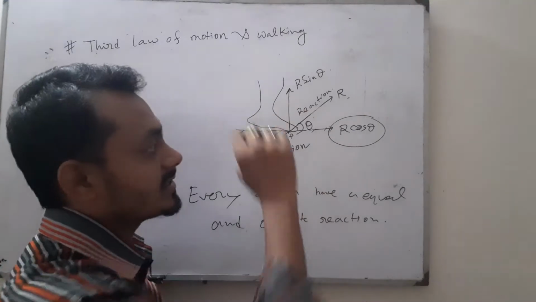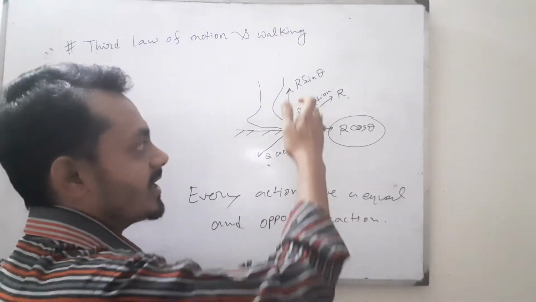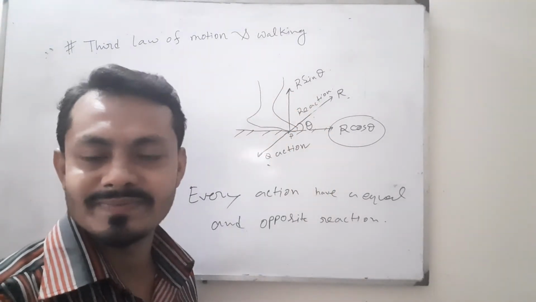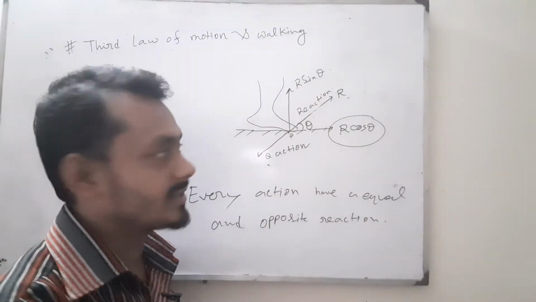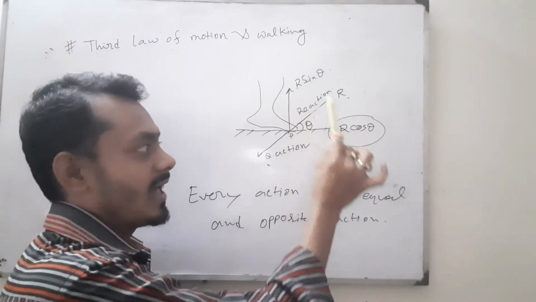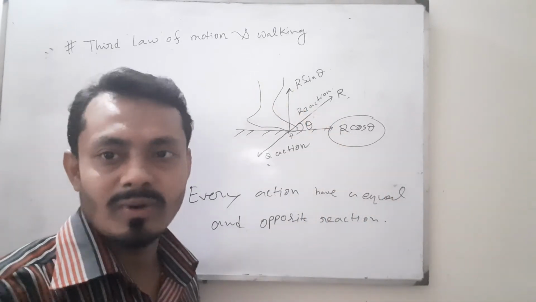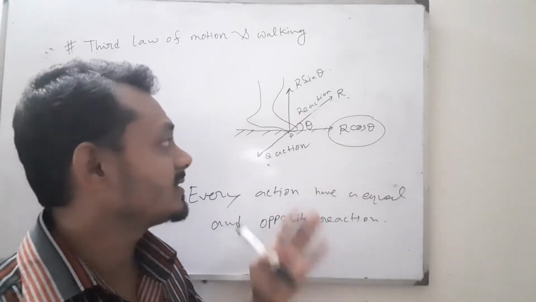There is an angle theta between the reaction and the ground. Here the reaction is divided into two components, r cos theta and r sin theta. One is vertical and one is horizontal.